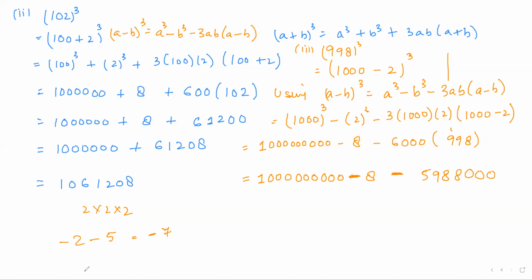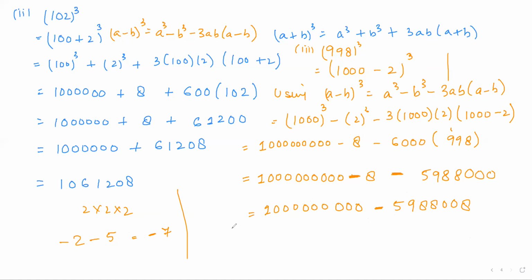Is this clear? Yes? Okay. So similarly, now 1, 2, 3, 4, 5, 6, 7, 8, 9. And now you add this 8 here with a minus sign. So 5, 9, 8, 8, 0, 0, 8, right? I have added 8. So now you can subtract.